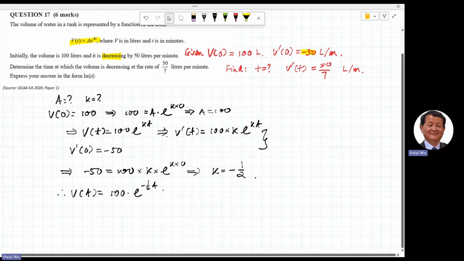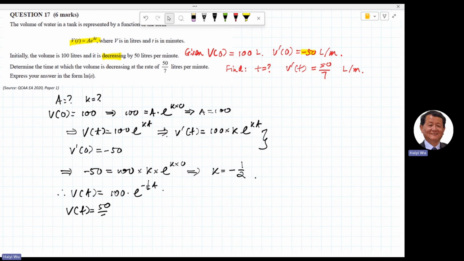Now we're going to determine when the rate of change equals negative 50/7. Sorry, that's a gradient, that's a rate of change. So we need to find out what the time is. Let's do the rate of change, which is the derivative of the volume, equal to negative half times 100 times e to the power of negative half t.